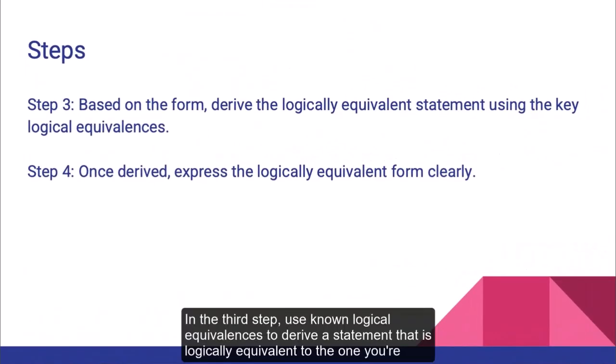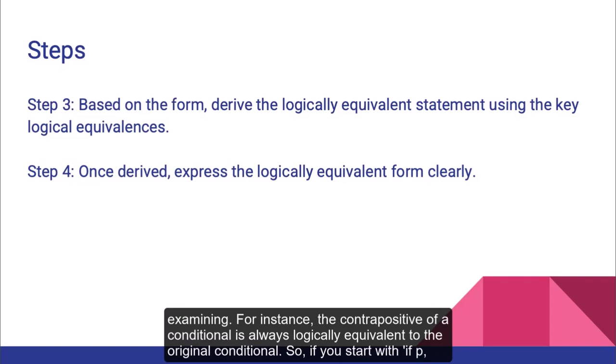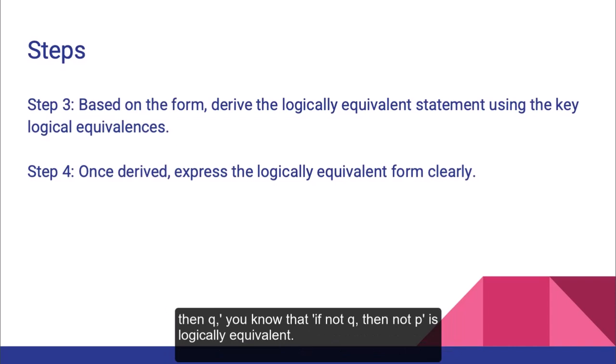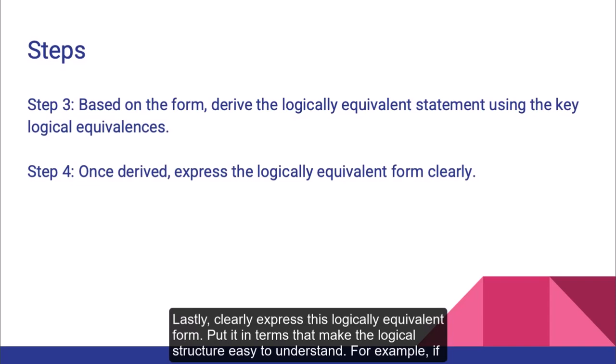In the third step, use known logical equivalences to derive a statement that is logically equivalent to the one you're examining. For instance, the contrapositive of a conditional is always logically equivalent to the original conditional. So if you start with if P, then Q, you know that if not Q, then not P is logically equivalent. Lastly, clearly express this logically equivalent form.